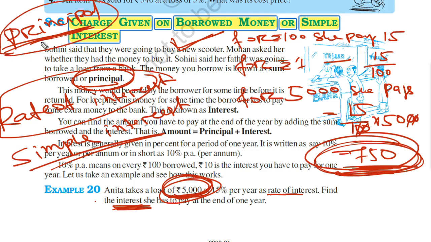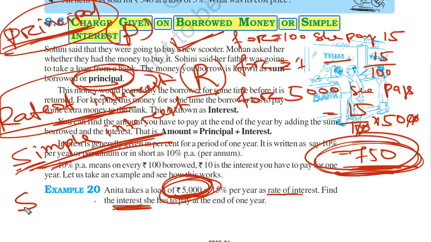In short, for principal we write P. For rate of interest we write R. Simple interest, short form is S for simple, I for interest, SI. So there are three terms you know now: P for principal, R for rate of interest, SI for simple interest.